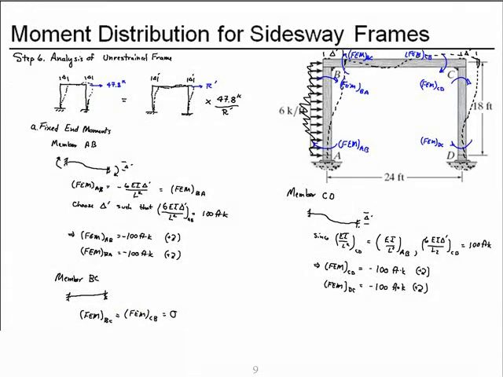We then performed analysis of the unrestrained frame. In that case, we don't know what the deflection would be if we applied R, so instead we applied a deflection and calculated R prime, knowing that we would just need to modify our results by the ratio of R over R prime. And so we picked a deflection such that the fixed end moment would all have the magnitude 100 foot kips.